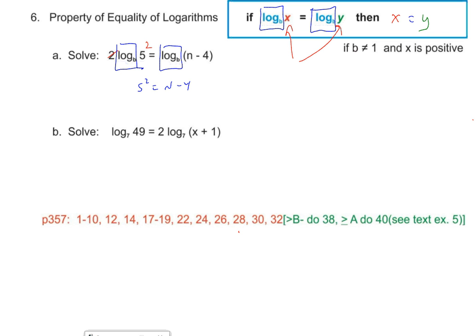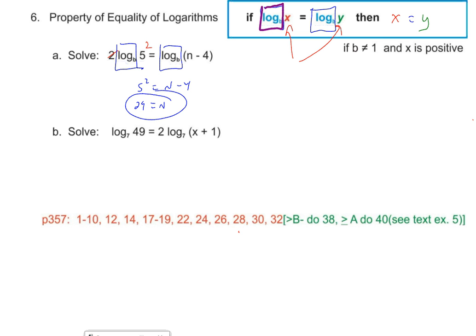And so what do we got? 25 plus 4 is 29 equals n. And we just solve that thing. So one more time, what is this equality property trying to tell us?